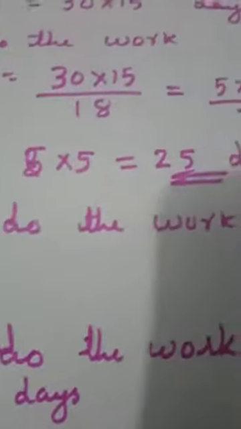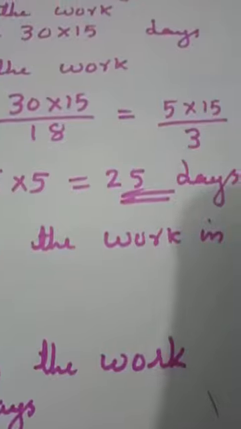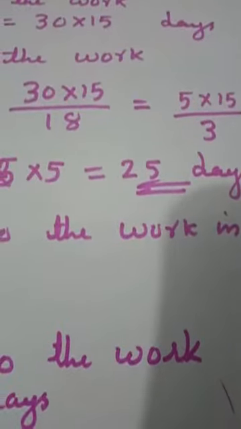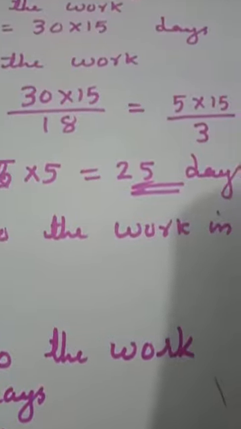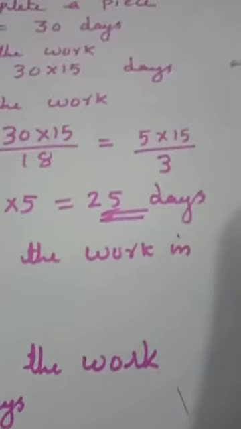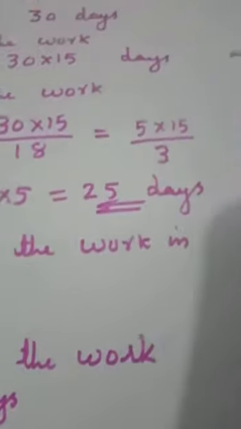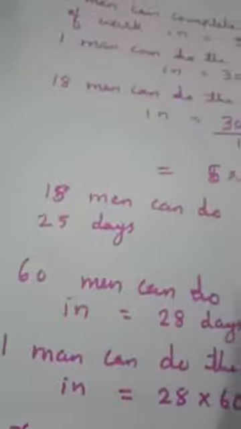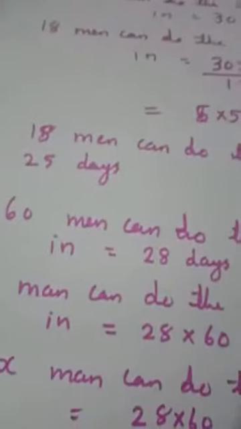So 30 into 15 by 18, cancellation. 18 and 30, 6 tables: 3 6s are 18, 5 6s are 30. So 5 into 15 by 3. Again 3 and 15 get cancelled in 3's table. So 5 into 5, 25 days. 18 men can do the work in 25 days.